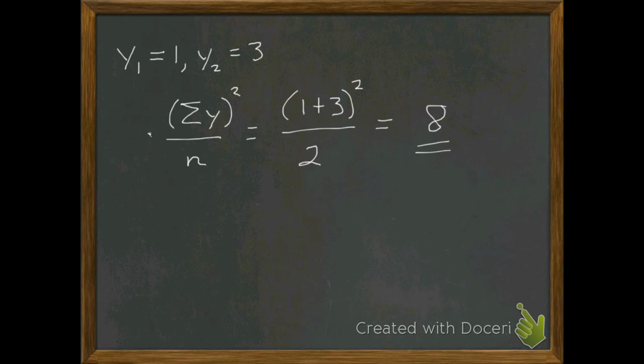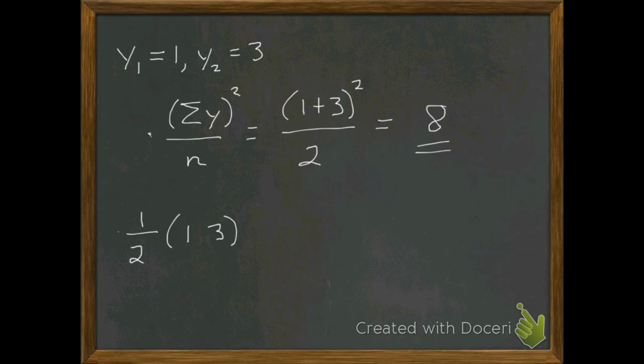Now, examining the matrix method, which is going to take 1 over n, so we're going to have 1 over 2, times y transpose. So remember, guys, the response vector is a column vector, so the transpose is going to be a row, times the J matrix.